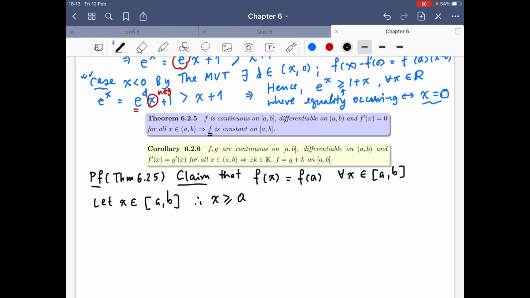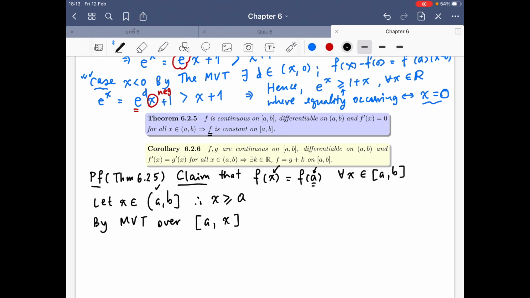By the mean value theorem, over this interval from a to x. To be exact, let me do this over the half-open interval (a, b]. Why is that? Because f at a will of course equal f at a, as you replace x by a.